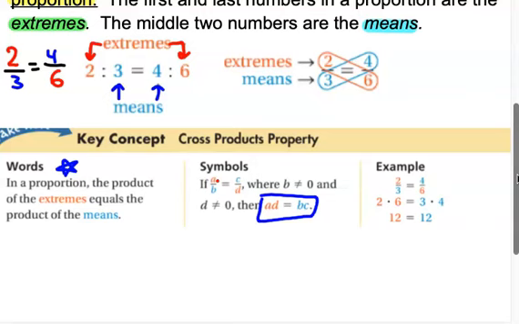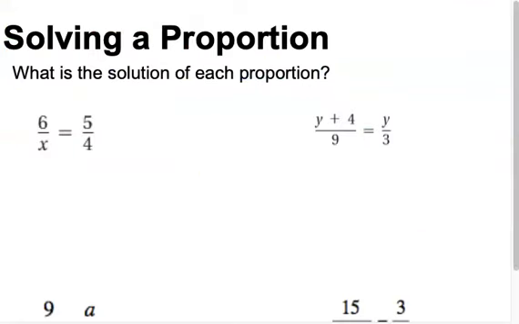So A times D has to equal B times C. In the example that we've been running with, you see it again: 2 times 6 is 12, and 3 times 4 is also 12. So the 12 is going to end up equaling 12. Since that proportion is a true proportion, the product of the means equals the product of the extremes.